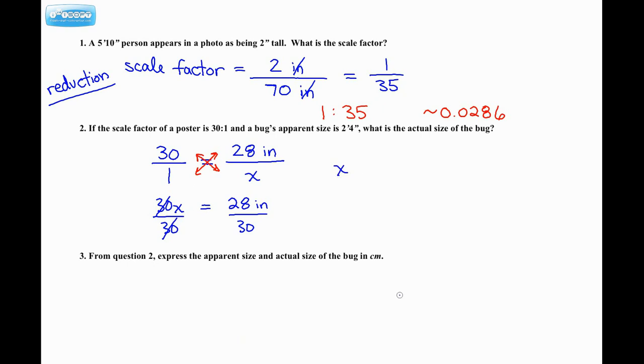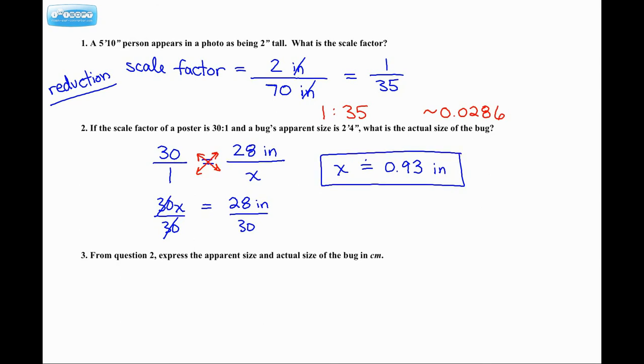And I think, let's see here, this is approximately 0.93, and this, of course, is in inches. So that's the actual size of the bug. Because the actual size is quite a bit smaller than the apparent size, we would call this an enlargement as opposed to a reduction.